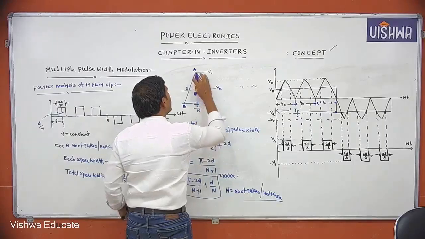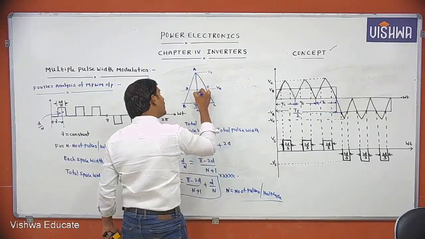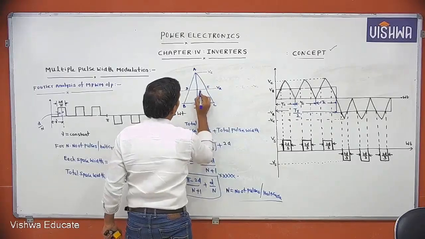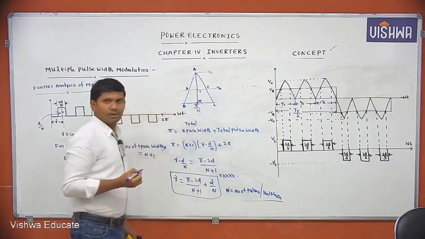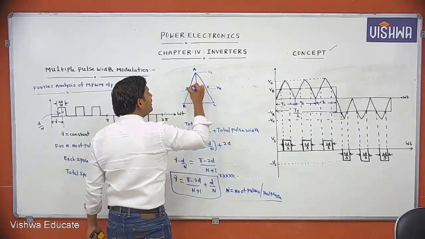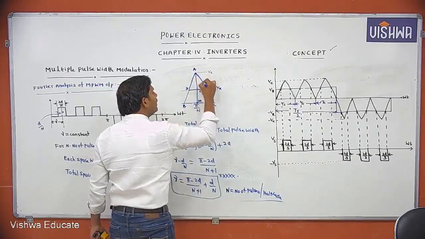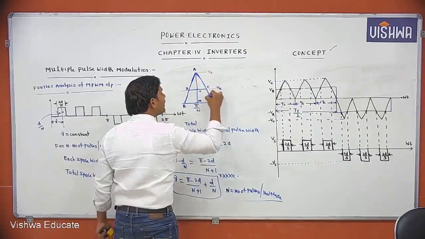Let this point be M. There are two triangles: triangle ADE and triangle ABC.